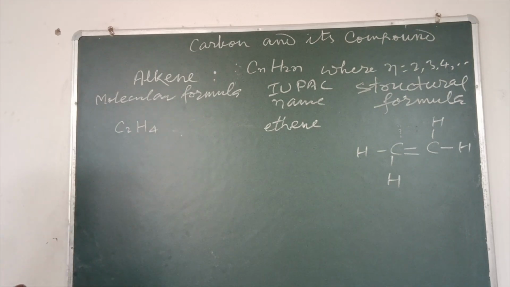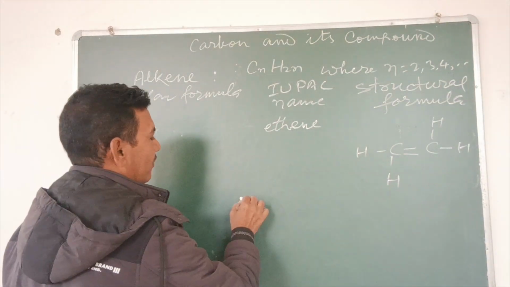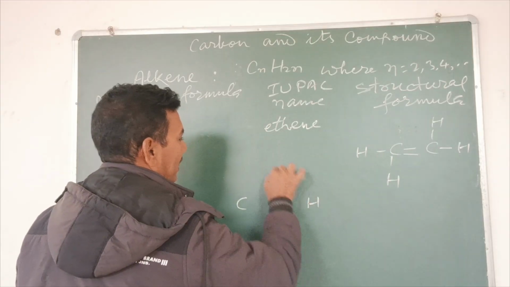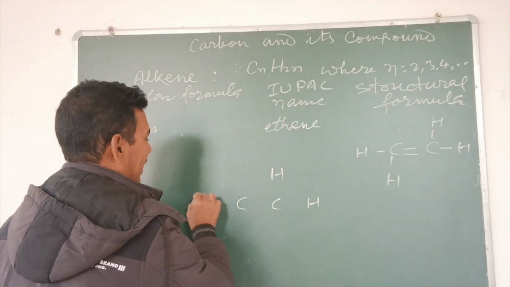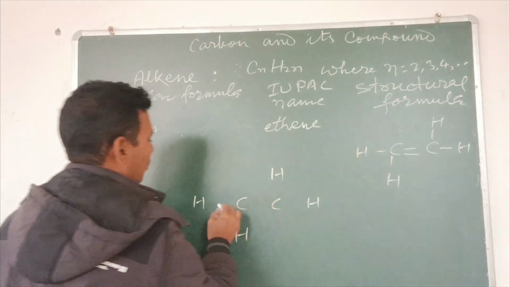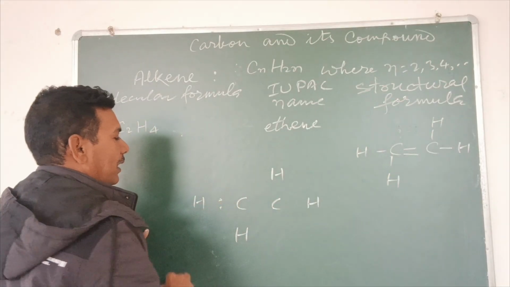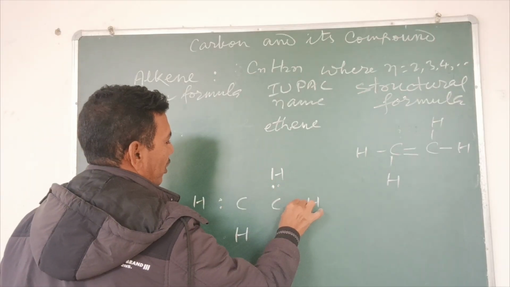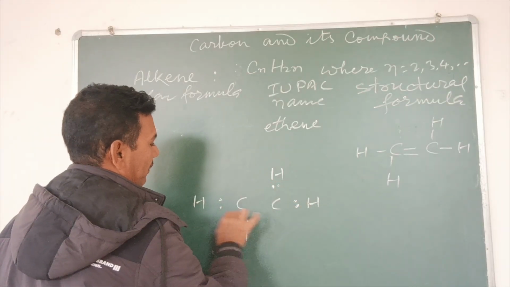We can write the electron dot structure like this. Let us write hydrogen, carbon, this hydrogen and this hydrogen. Here there is a single bond, so it will be a pair of electrons. Here also a pair of electrons, here also a pair of electrons, here also a pair of electrons.